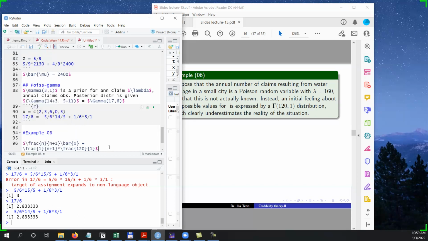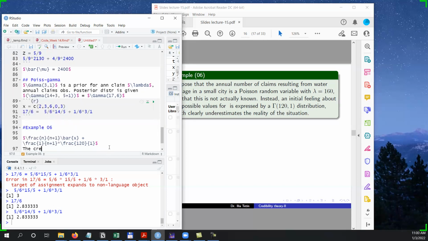So the credibility factor always uses the linear combination. As here, we're using the linear combination z times x plus 1 minus z times something. So the credibility factor is always the one in the first place.